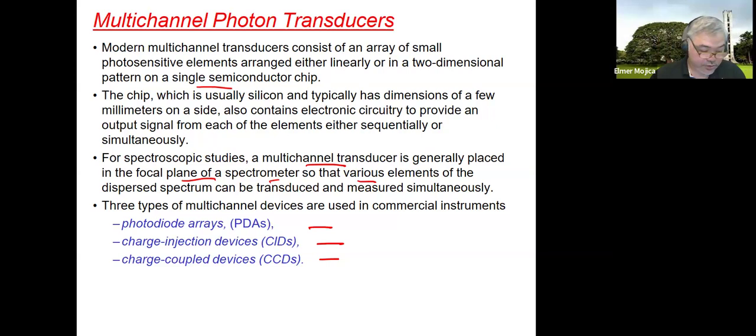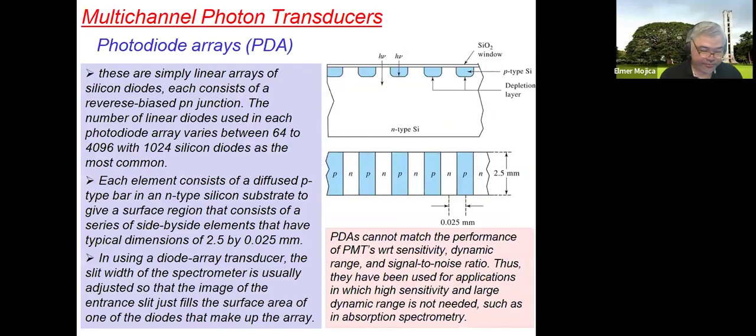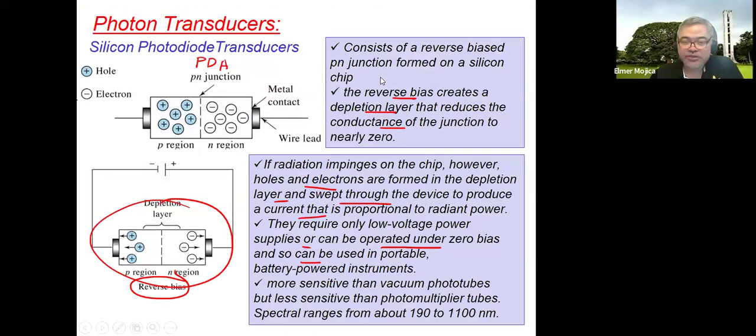So the PDA that we have are linear arrays of silicon diodes consisting of the reverse bias p-n junction. So we could say this is just the multiple version of the silicon photodiode transducer.